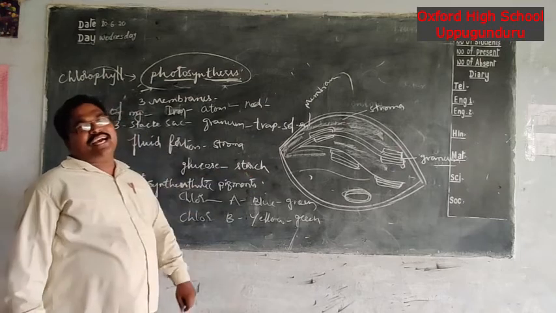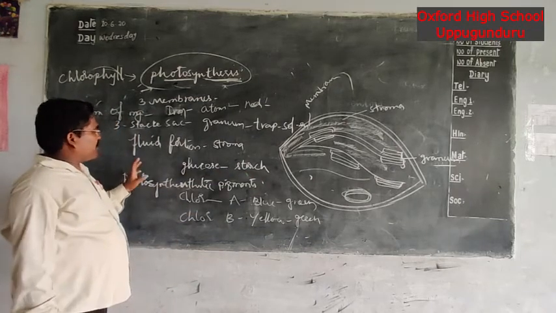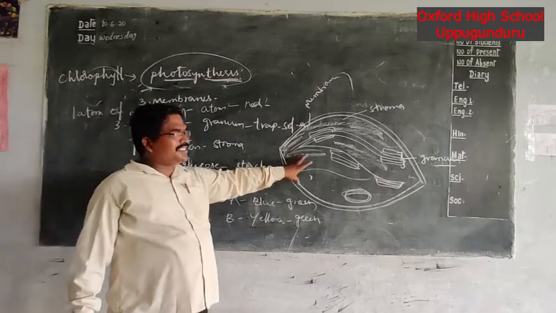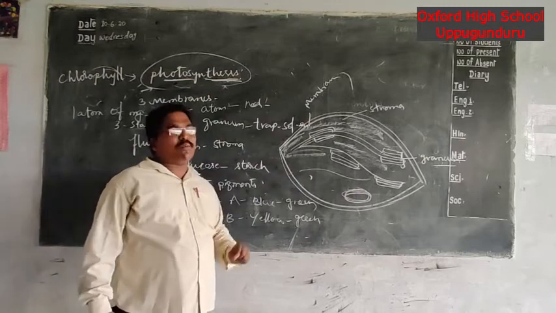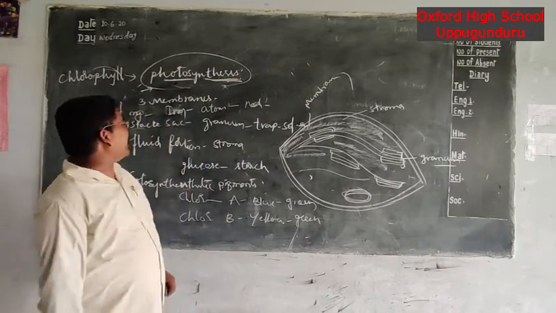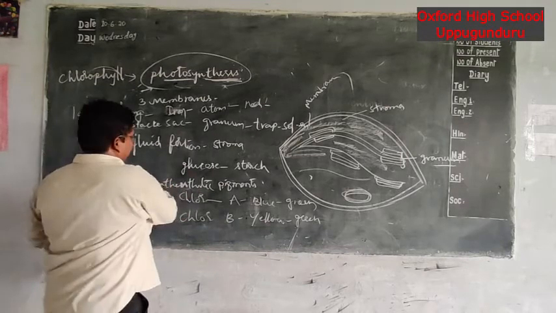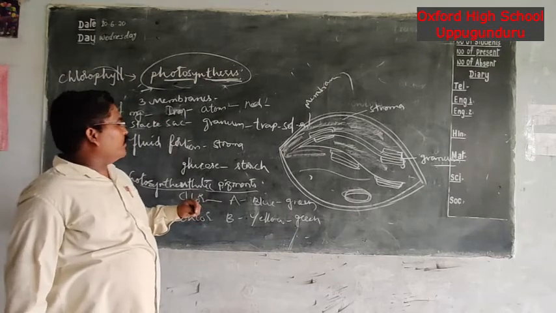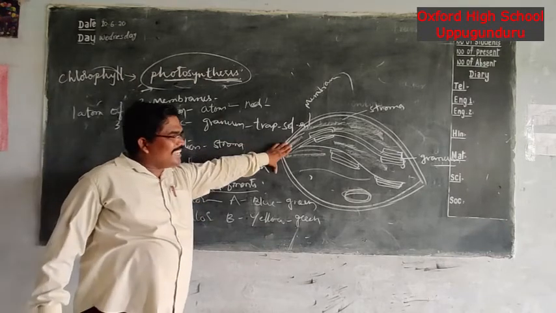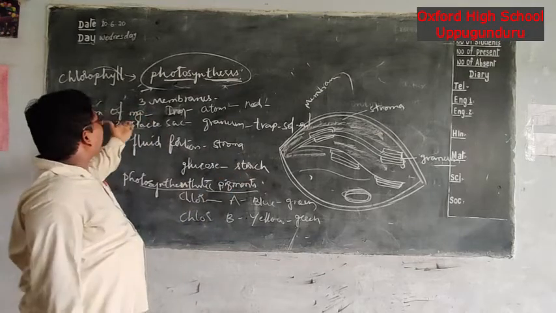Okay, so the substances present in the chloroplast which capture the sunlight are called photosynthetic pigments. Chlorophyll is such a pigment which contains one atom of magnesium.